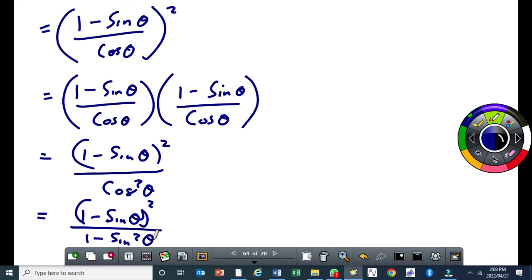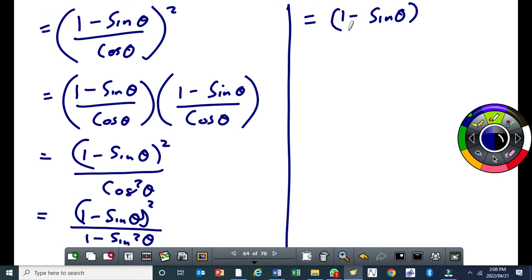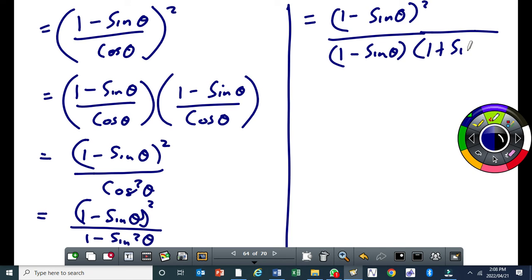Now I'm smiling because this is a difference of 2 squares and it can be factorized. So if I factorize the denominator, I'll get 1 minus sine theta squared over 1 minus sine theta times 1 plus sine theta.